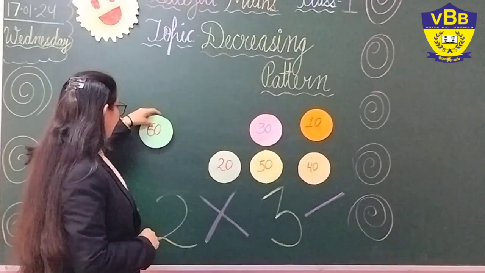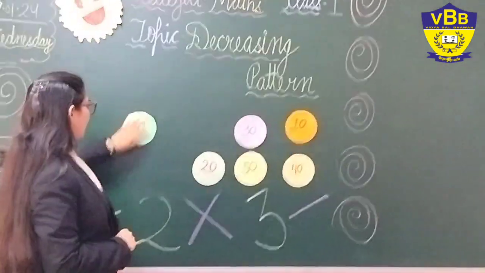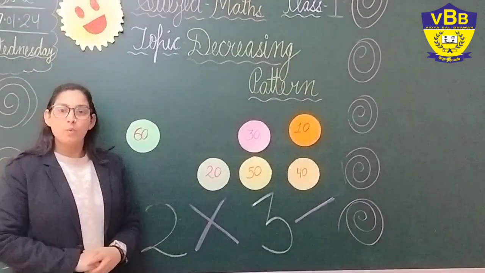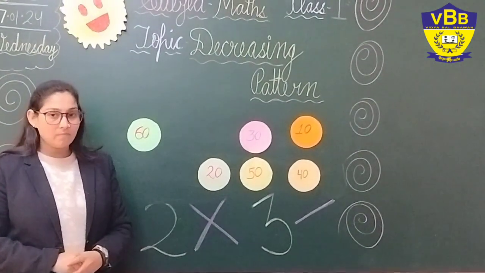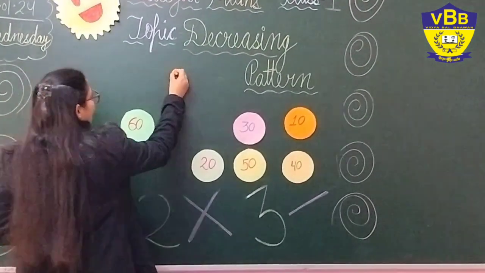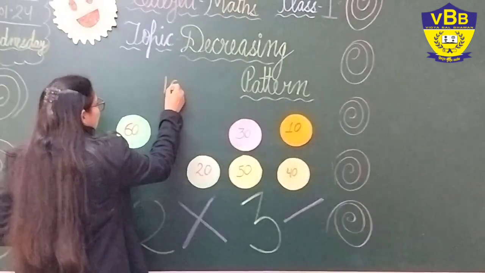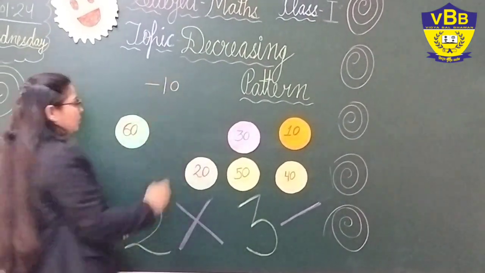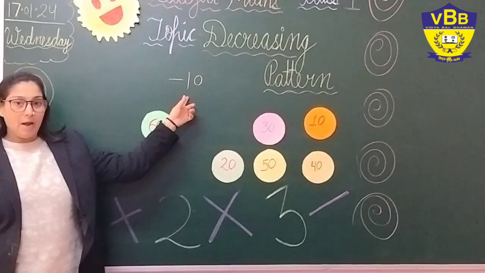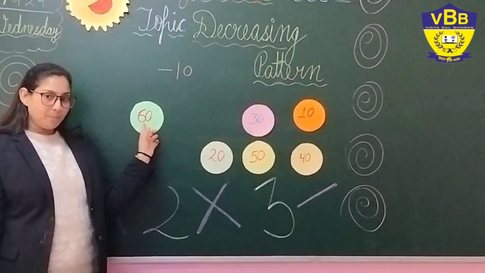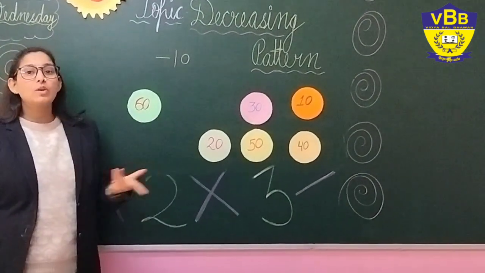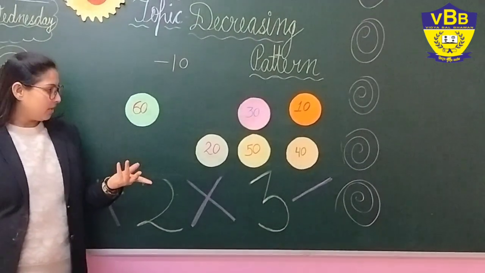First I have to paste 60 here. When we take backward jumps, how many backward jumps do I have to take? I have to take 10 backward jumps. It means I have to subtract 10 from 60. When I subtract 10 from 60, which number will we get?